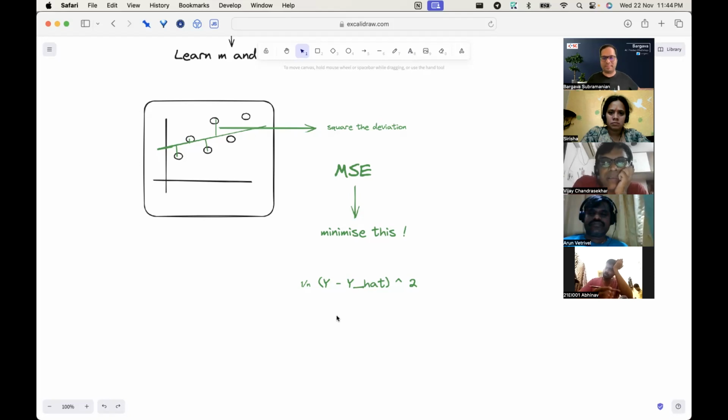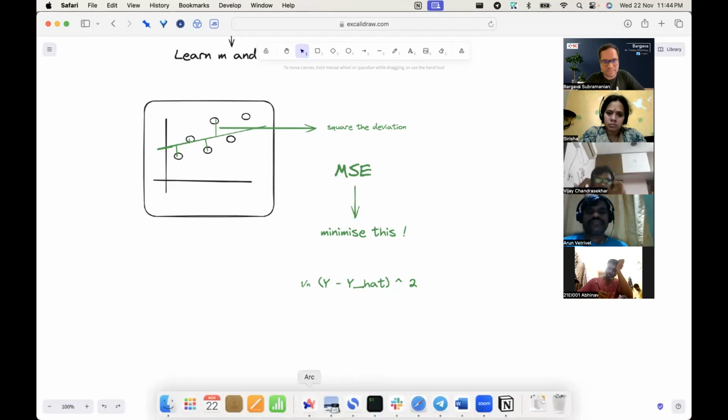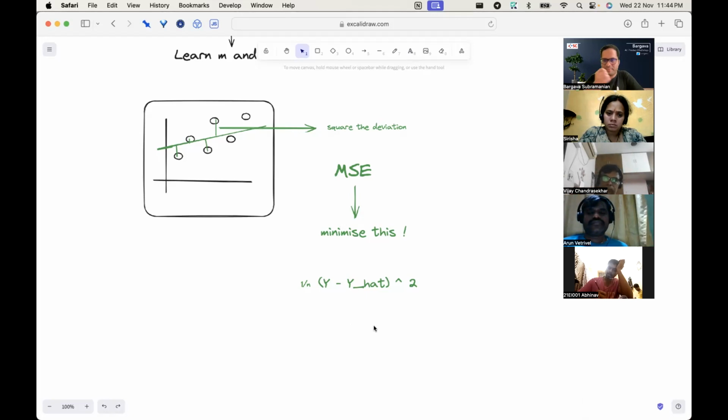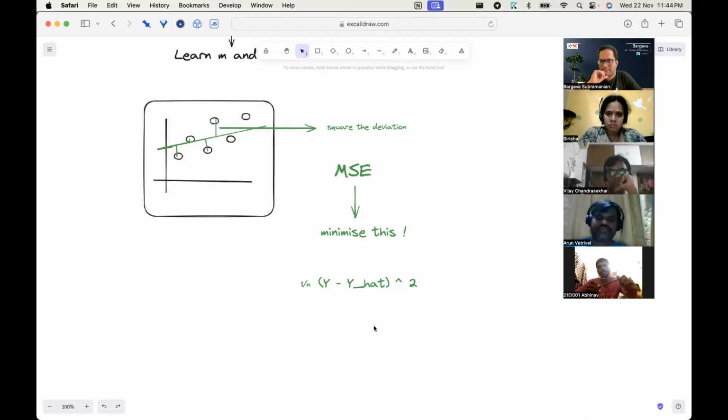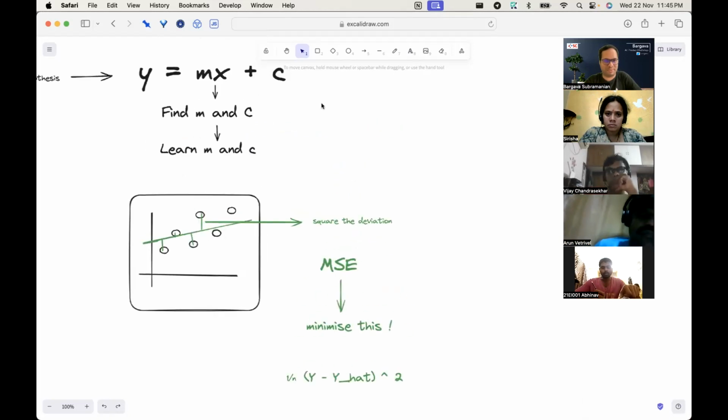So you would do a partial derivative on your weights, m and c, to then understand where the minimum is. When you set it to 0, you'd be able to find the minimum values. If you want to find a value of m, or a value of c, that's how we would go about doing it.